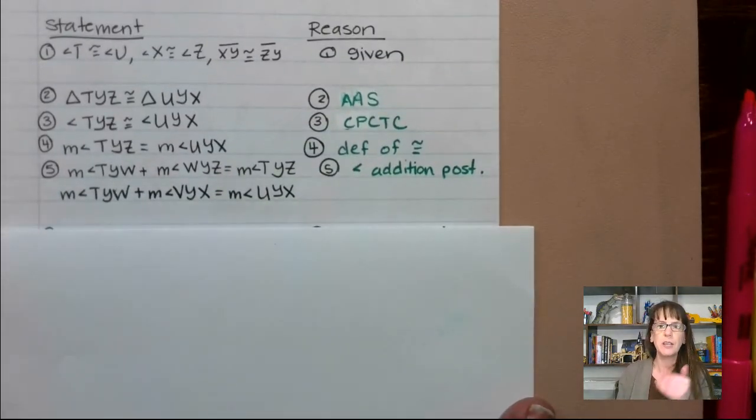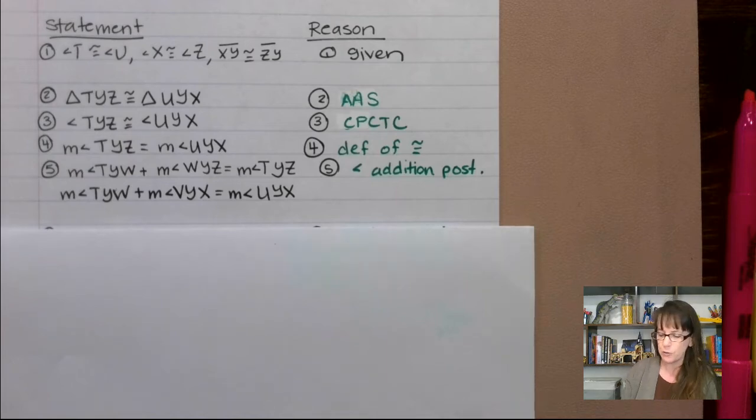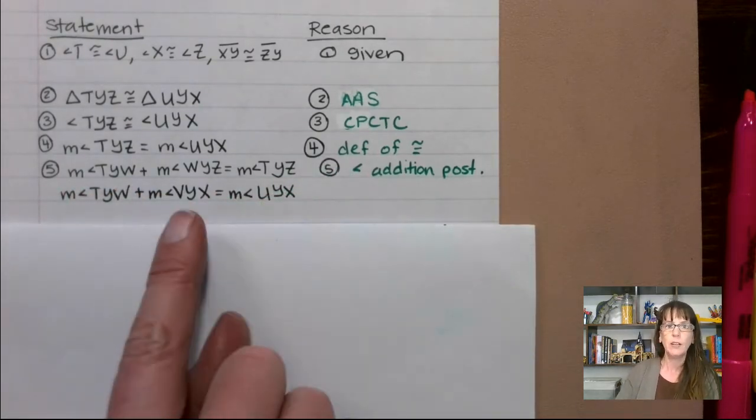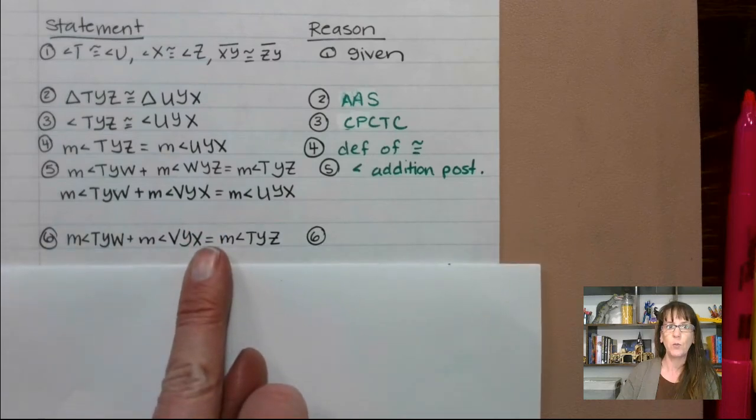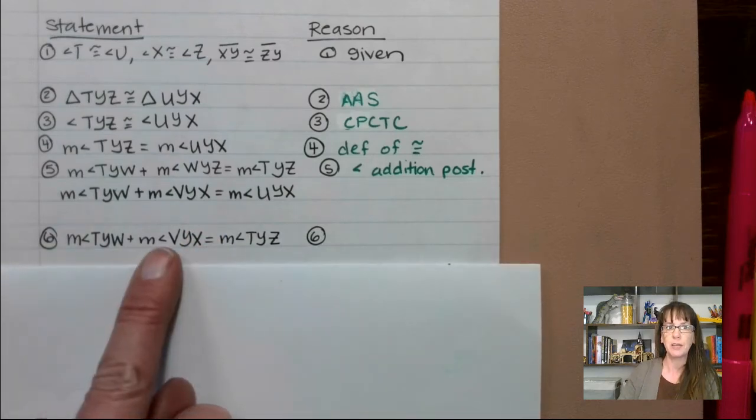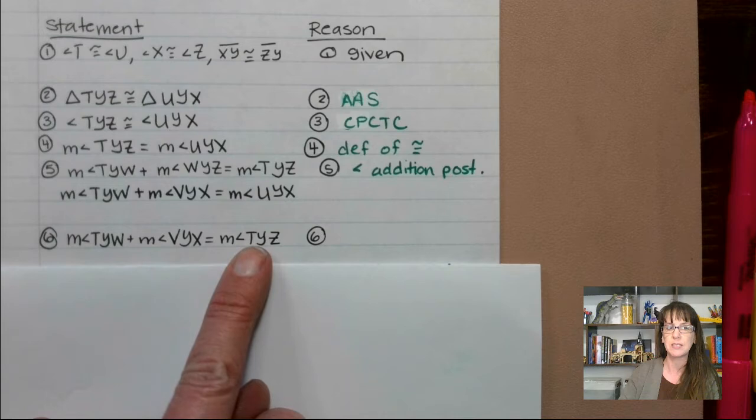Whenever you use angle addition postulate or segment addition postulate, it's not a bad idea to see if you can do some substitution and create new statements. So let's look at this for substitution. If you look at these, we can say that TYW plus VYX equals TYZ.